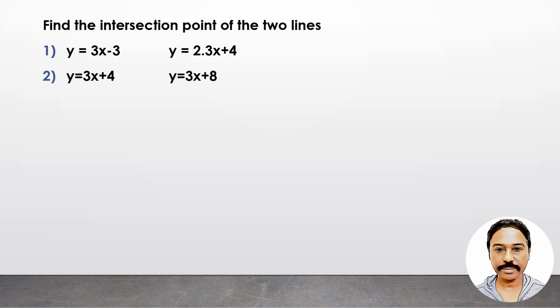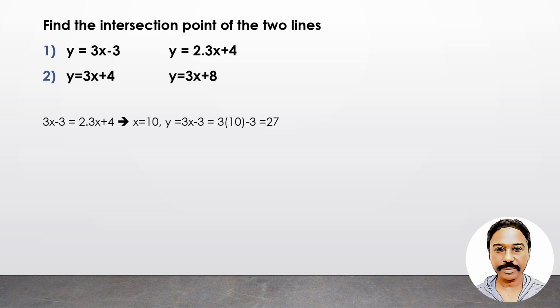Then we use the value of x and substitute it into either of the equations to find the value of y. So here we have y equal to this term, and in the second equation of the line we have y equal to another formula. But if y is equal to this and y is equal to this at the same time, that means at the intersection point this part is equal to this part.